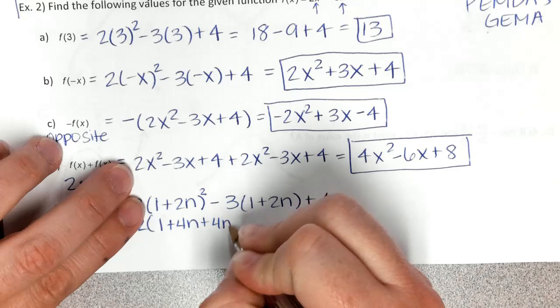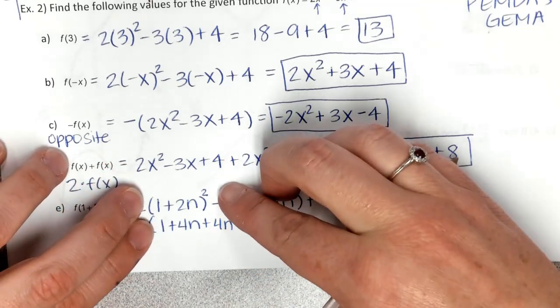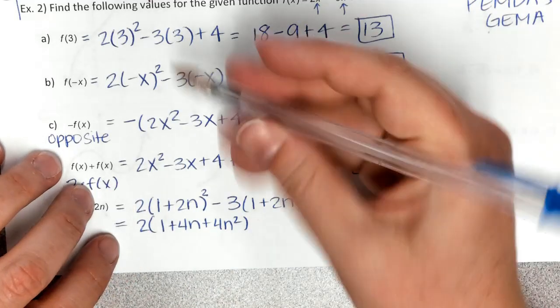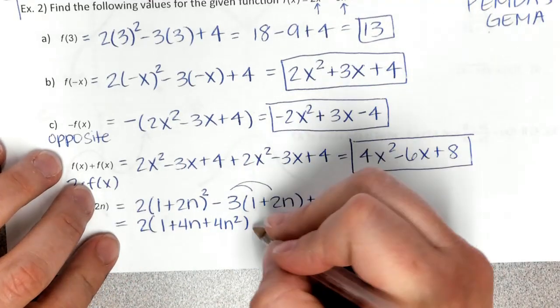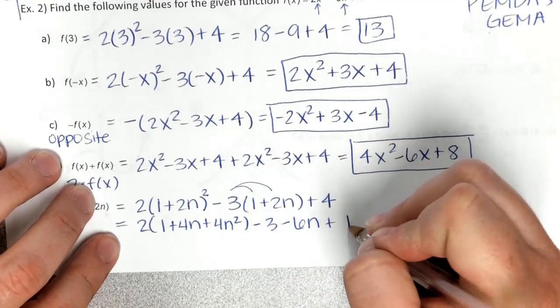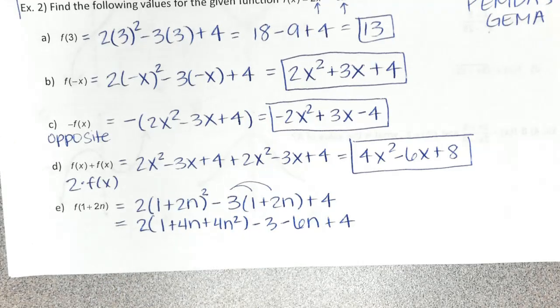That's 4n squared. So this step is the most important one. You have to be able to square a binomial and get the 3 terms. Now this negative 3 is going to get distributed. So that becomes a minus 3 minus the 6n plus 4. Then I'm going to distribute the 2. So I'll let you finish that. Still taking answers.